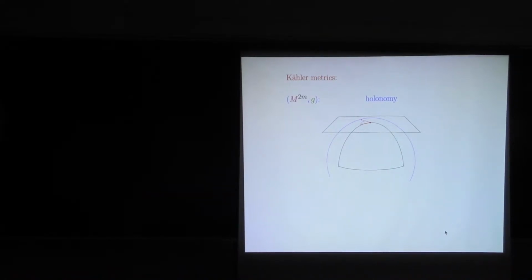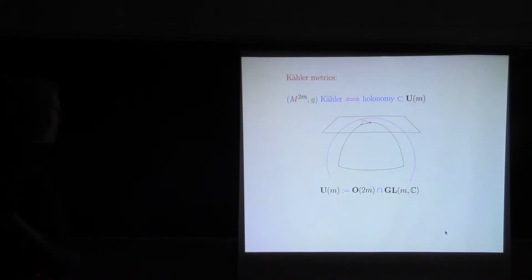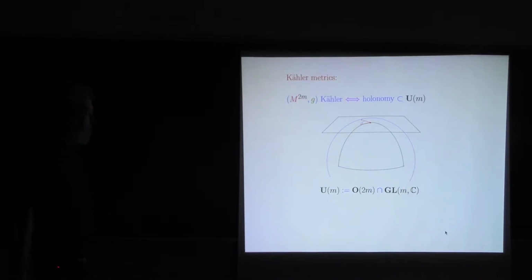A metric from this point of view is Kaehler if and only if its holonomy consists of unitary transformations. In other words, orthogonal transformations that are also complex linear. Obviously, this only makes sense if the real dimension is even, and we're saying that relative to some choice of orthonormal basis, this holonomy group is actually a subgroup of the unitary group, up to conjugation.